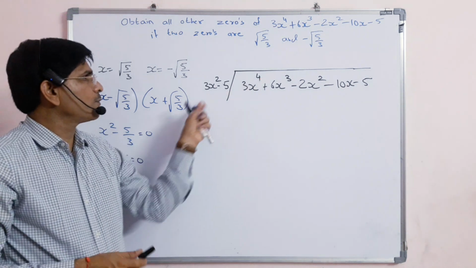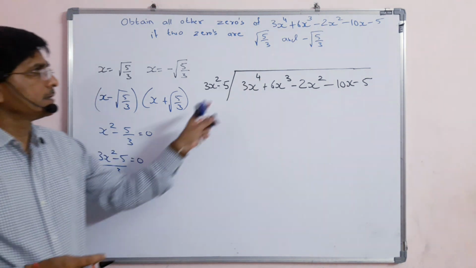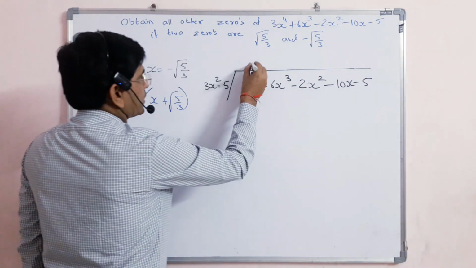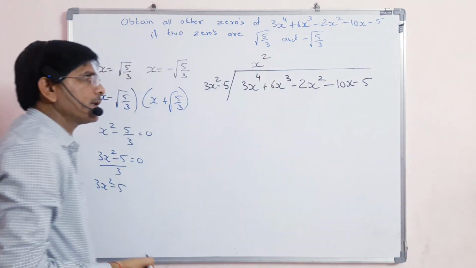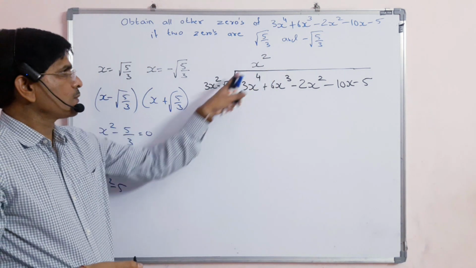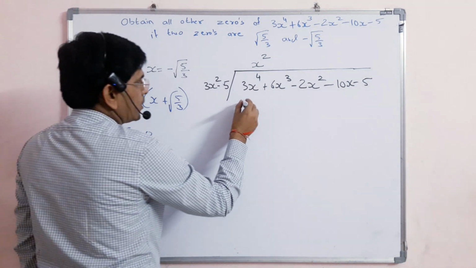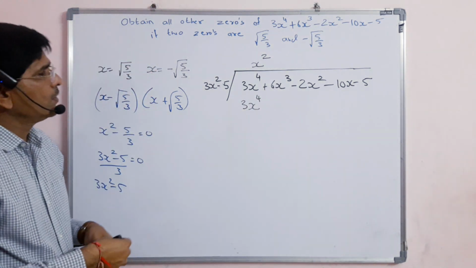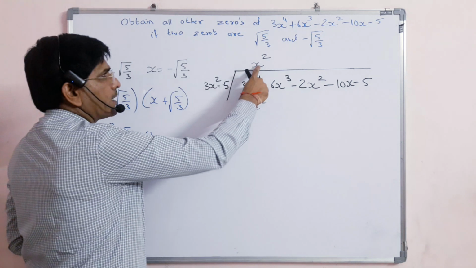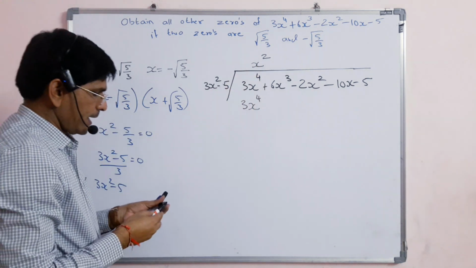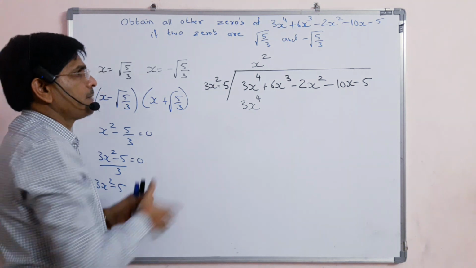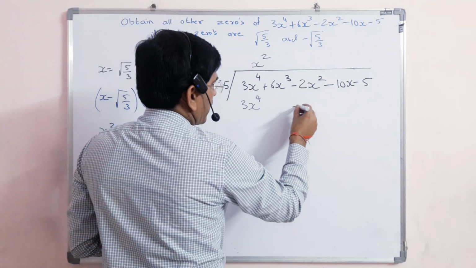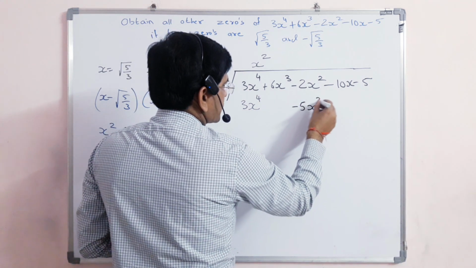Now, 3x⁴ divided by 3x² gives the answer x². Now I have to multiply x² by 3x², so I get 3x⁴. Again, x² multiplied by −5 gives −5x².